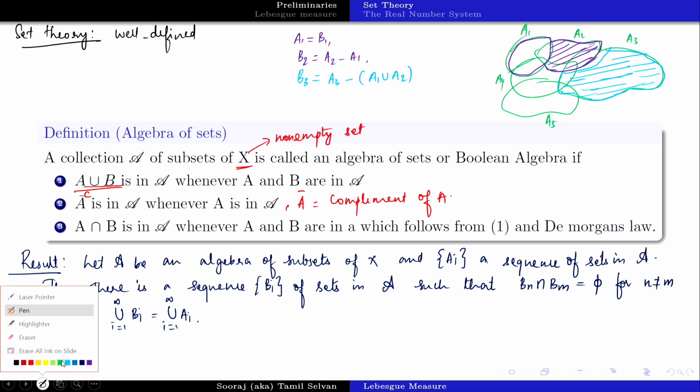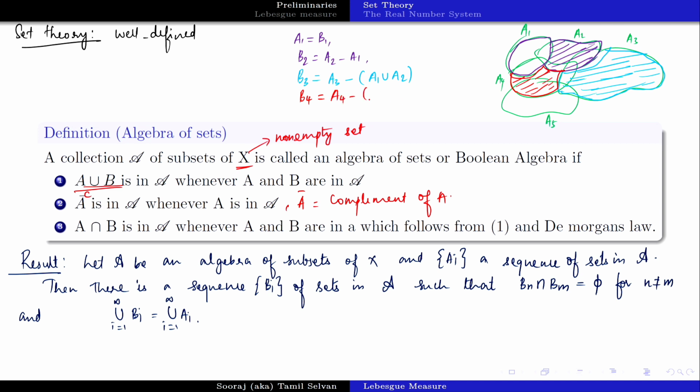Next, we are about to find b4. So b4 is only this part, that is a4 minus union i runs from 1 to 3 of a_i, right?